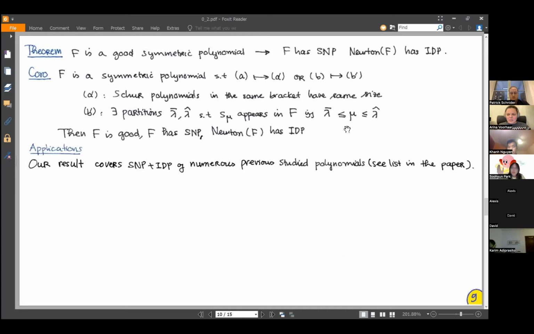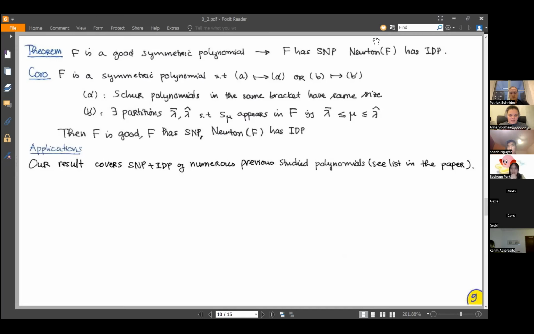Like knowing that, assuming that the new polytope is IDP. Yeah, in fact, our theorem already covers known results, and it also covers new results. The new result here you can find in my paper.